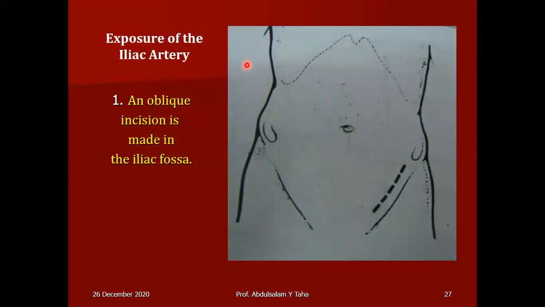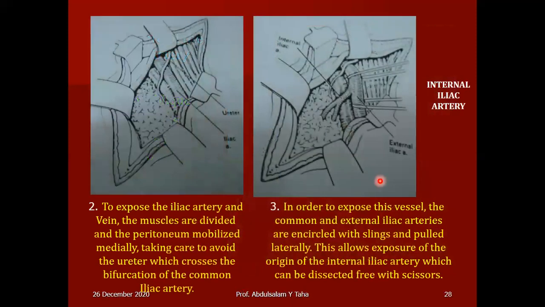Exposure of the iliac artery. For that purpose, we do an oblique incision in the iliac fossa, and after that, to expose the iliac artery and vein, the muscles are divided and the peritoneum mobilized medially, taking care to avoid the ureter, which crosses the bifurcation of the common iliac artery.